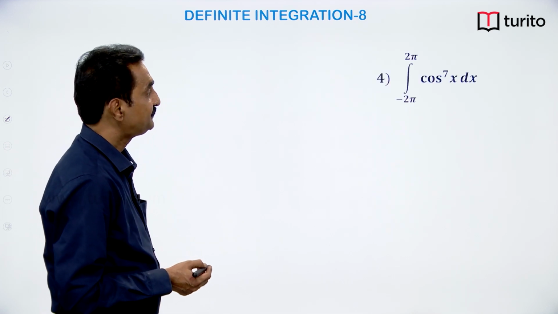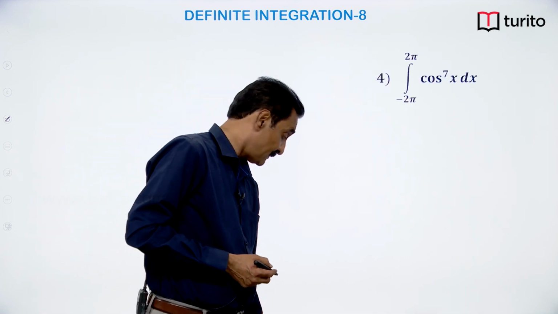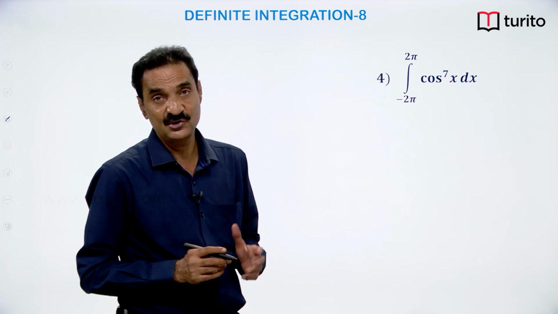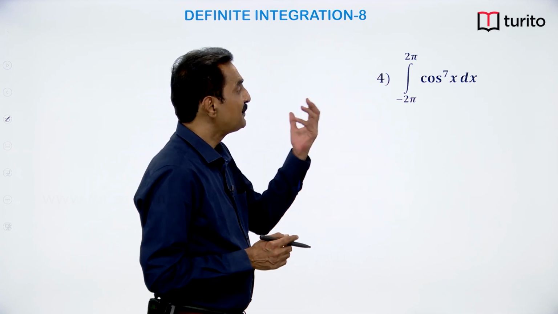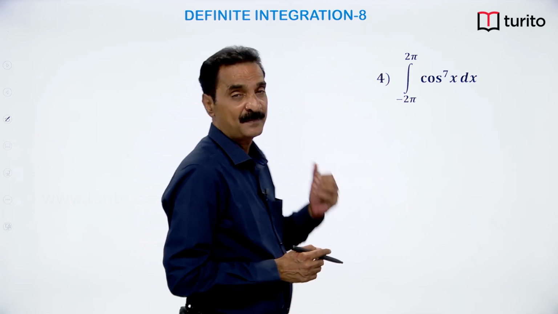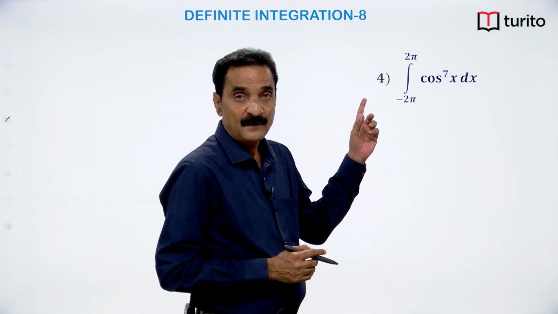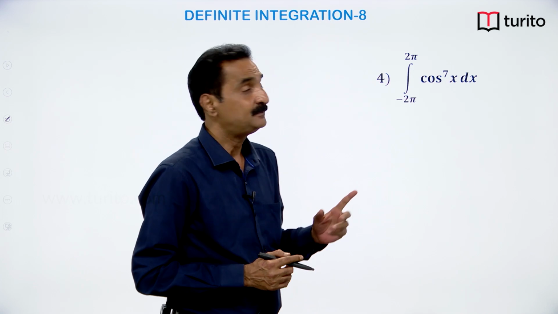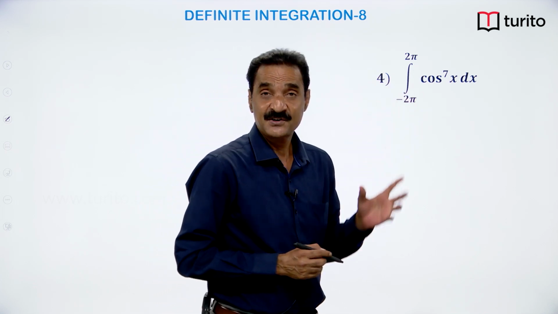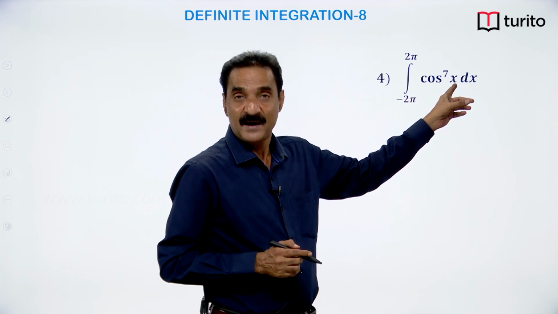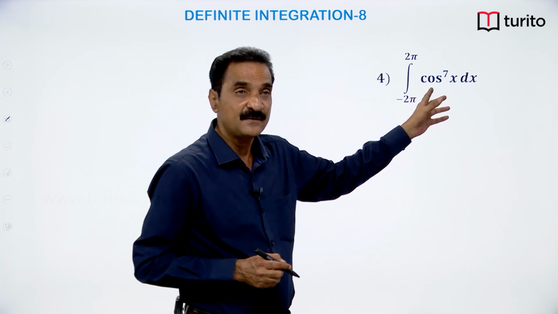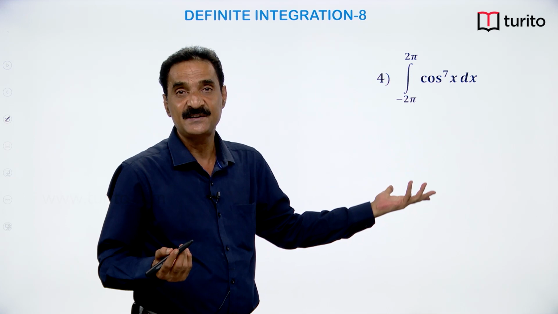Next question, this time again limits are not 0 to pi by 2. What will you do? What is the property, what property can you apply? When the limits are minus a and plus a, you should look at the function whether it is even or odd. Replacing x by minus x, cos of minus x is cos x, function remains same.